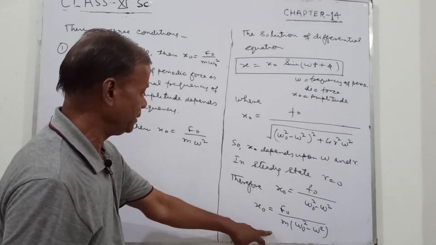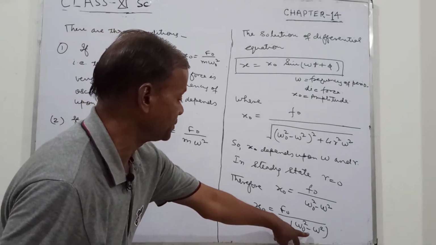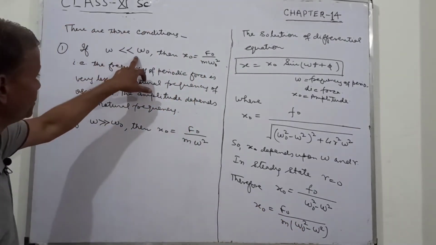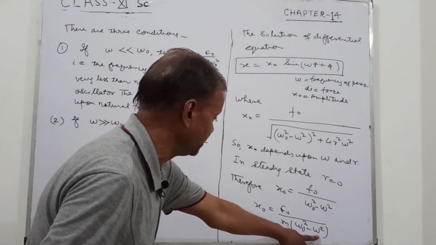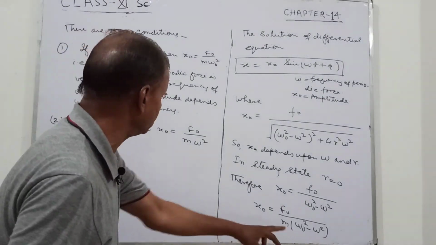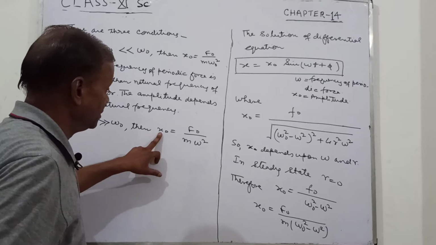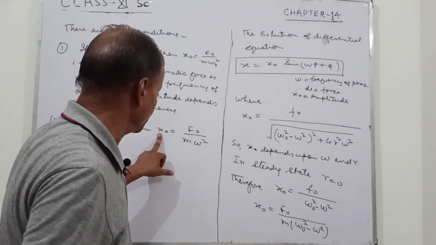Now we are looking from this point that when this is less than this, then we have this condition. So x naught is equal to so much, and when omega naught is very small in comparison to omega, then at this condition the amplitude depends upon the frequency of the periodic force.